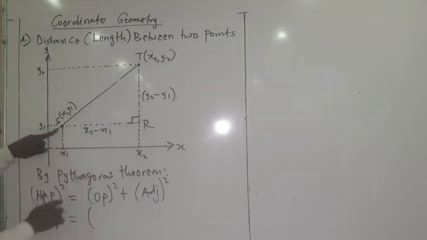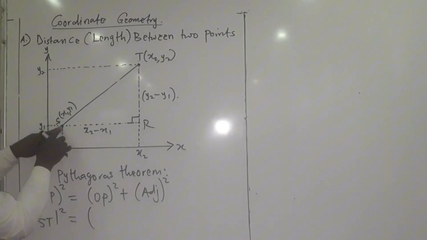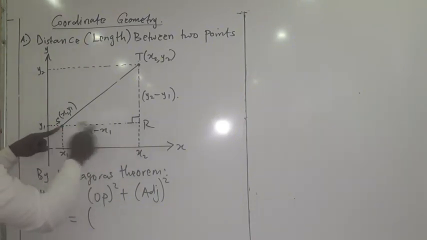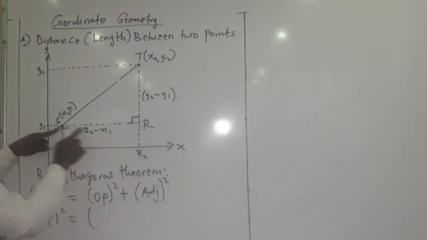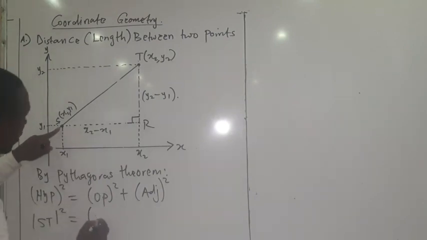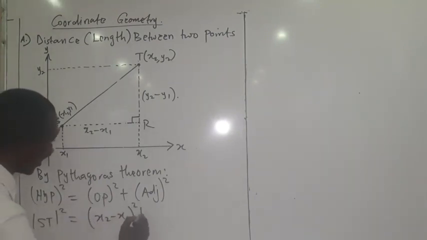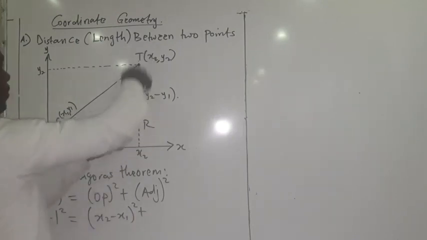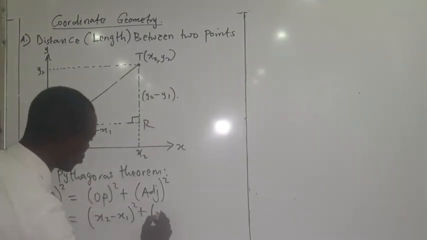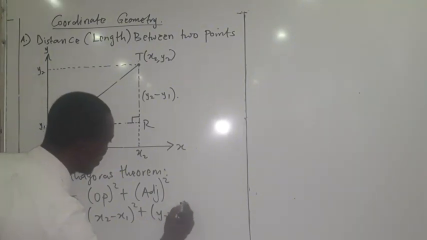the distance along the horizontal axis, that is x2 minus x1 squared, plus the distance along the vertical axis, that is y2 minus y1 squared.